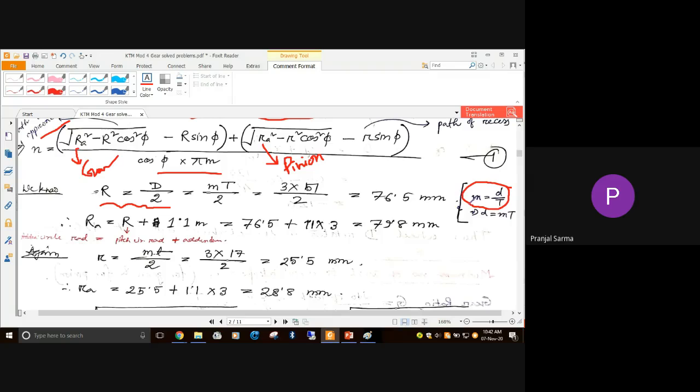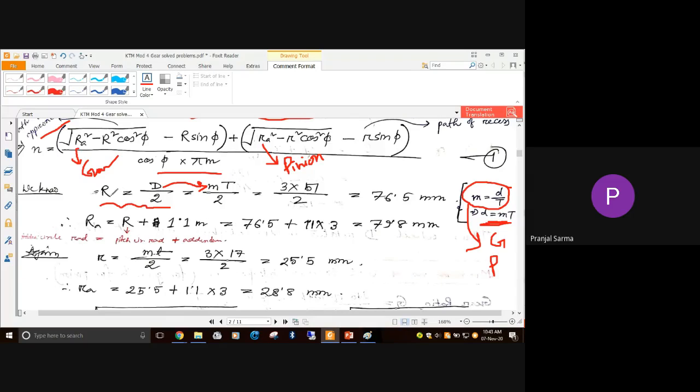This is valid for both gear as well as pinion, but you have to consider the corresponding pitch circle diameter and the corresponding number of teeth. So d can be written as m into t, and r as m into t divided by 2.